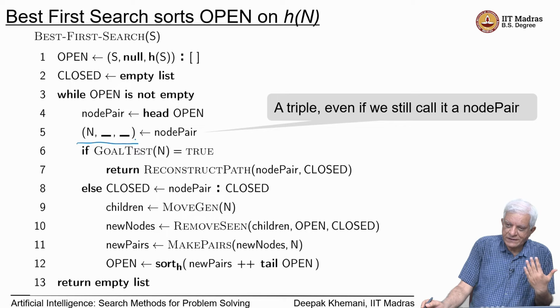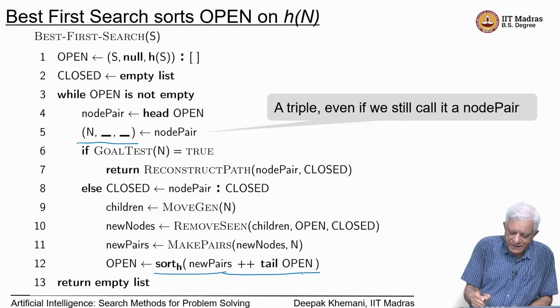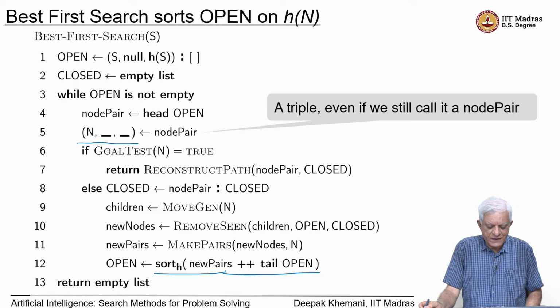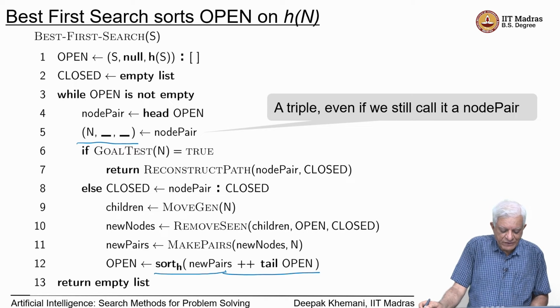If it is a goal, we reconstruct the path, and if it is not, then we generate the children and make the new nodes and add them. Here we have written it as, again, you append the new pairs to tail and then sort it. So, as I said, in practice you would want to do it as a priority queue. This is only for efficiency reasons. Correctness wise, this is fine.